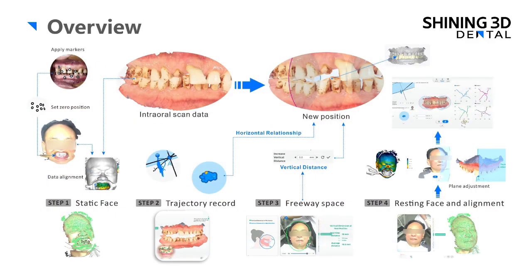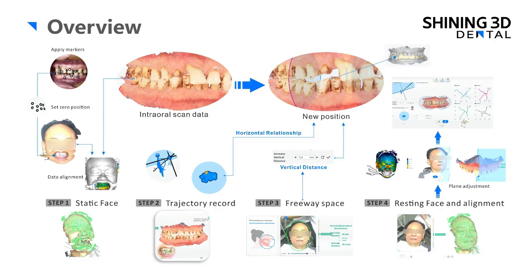So here's an overview for this case. The patient used markers directly stuck on the surface of the upper and lower jaw, and using the scanner to do a zero position scan, which is the first step. The static face scan is similar to the previous function we just mentioned.